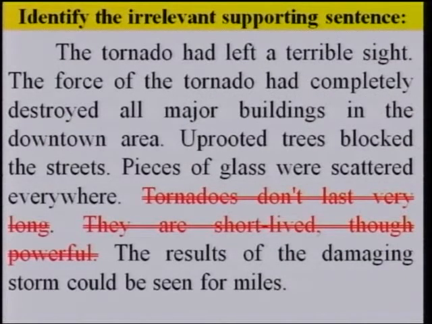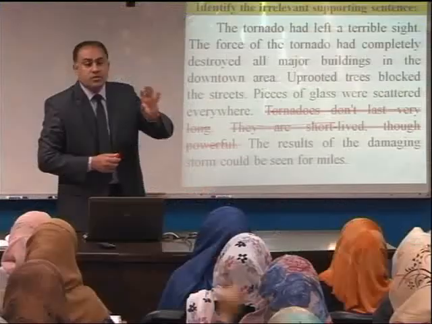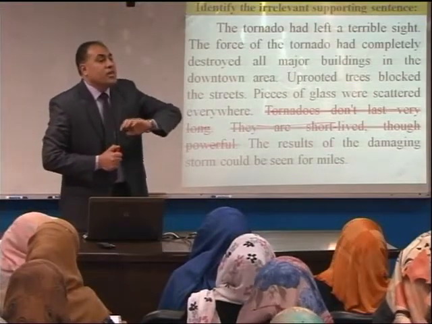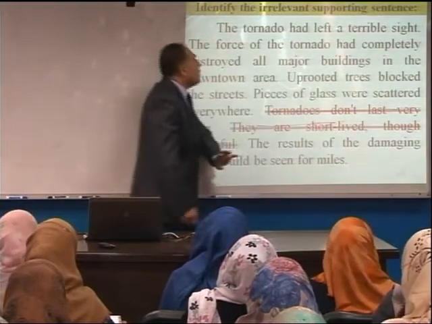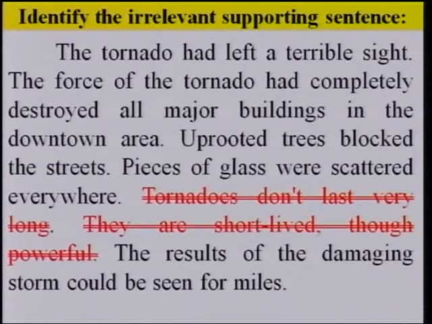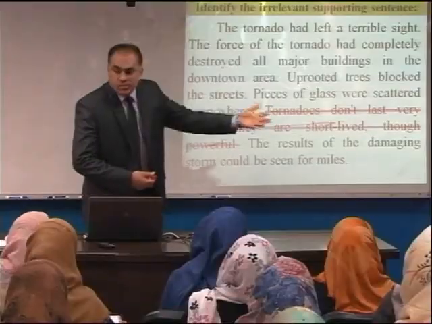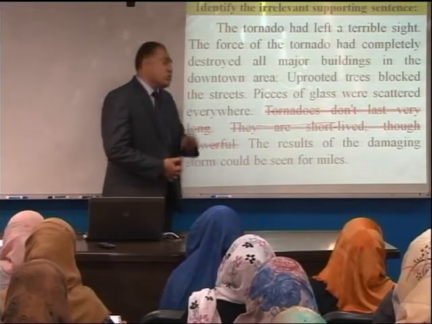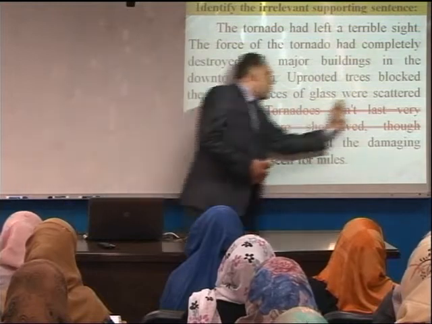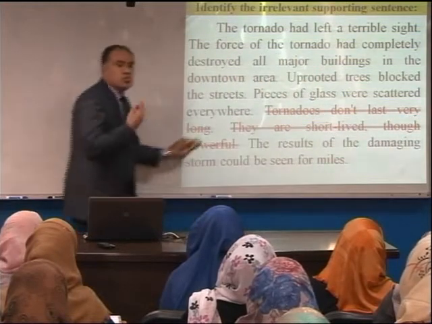Because the paragraph is about what? It's about the terrible scene the tornado left. So it is describing the scene, the damages that happened as a result of the tornado. These two sentences are not actually about describing what happened.